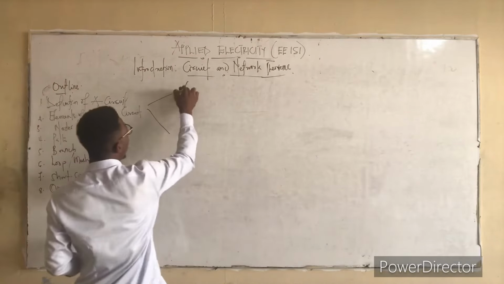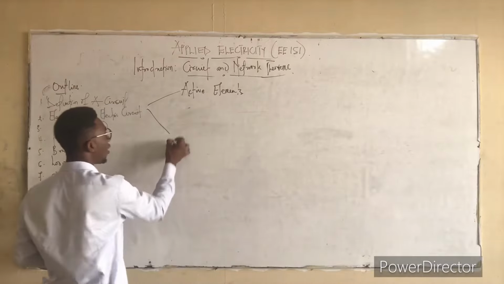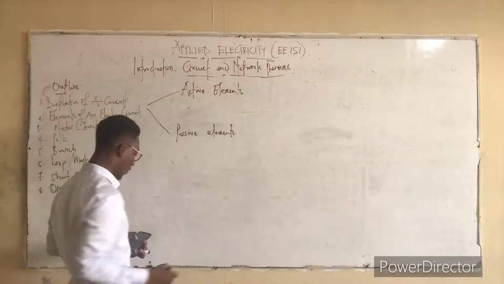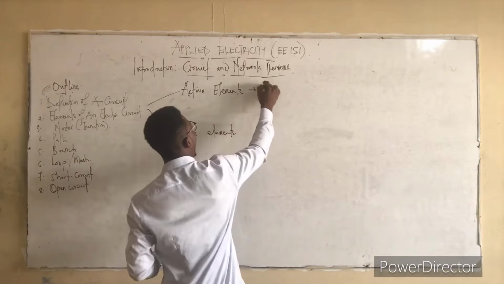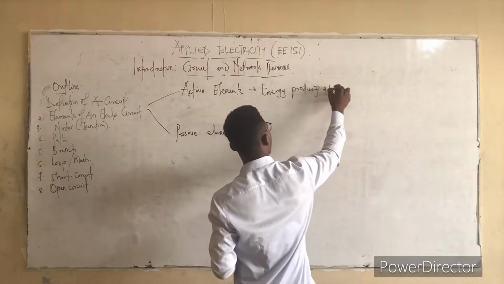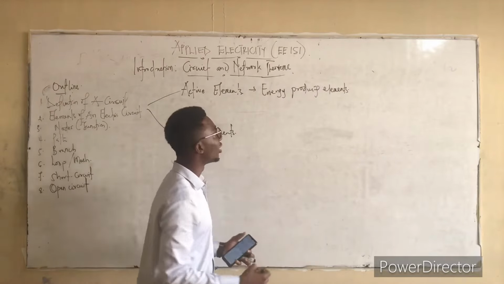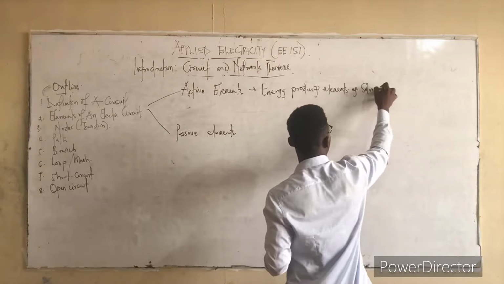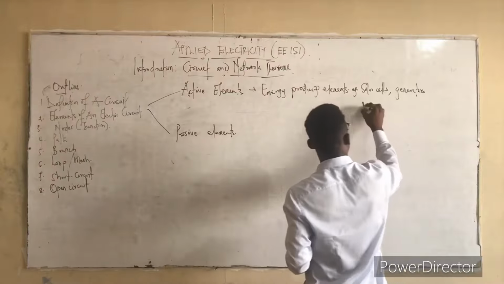So we have the active elements and we have the passive elements. When we talk about the active elements, they are simply the energy producing elements, that is, elements that produce energy. Some examples are solar cells, generators, and our normal batteries.